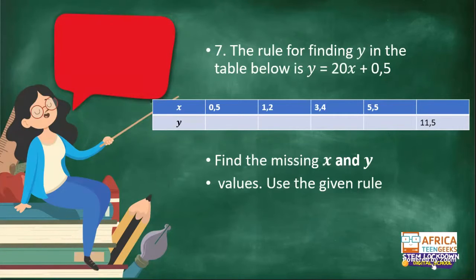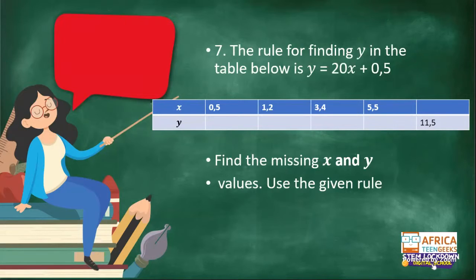How did you find it? I took 1,2 times 20 plus 0,5. Yes, that's the correct step. You multiply 20 by 1,2, and thereafter you add 0,5. And that will be your final answer there.